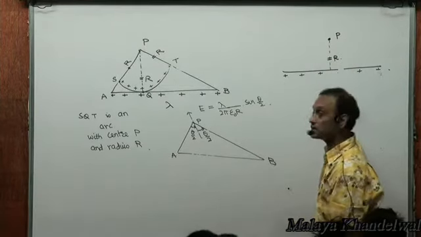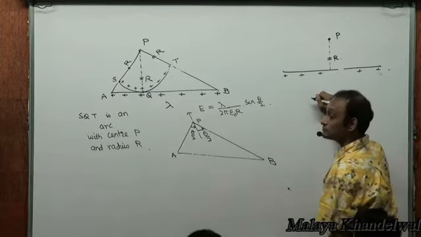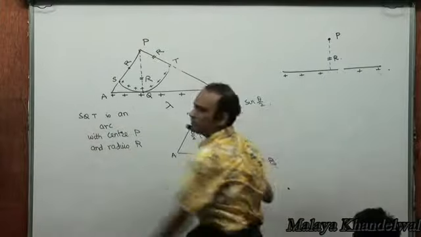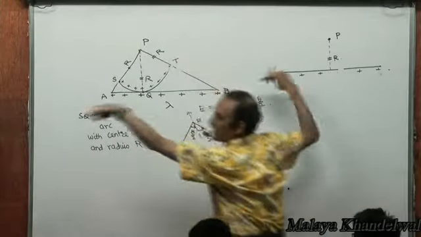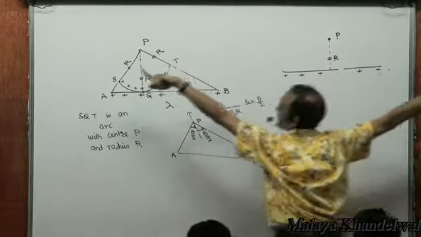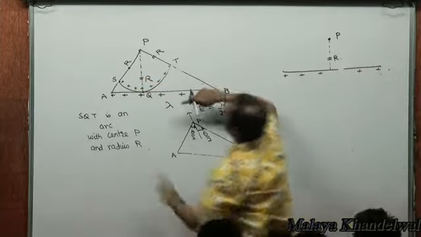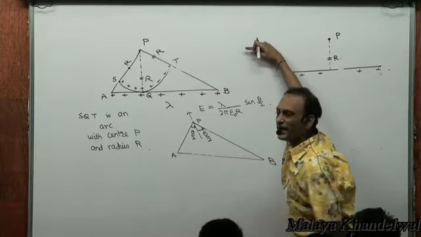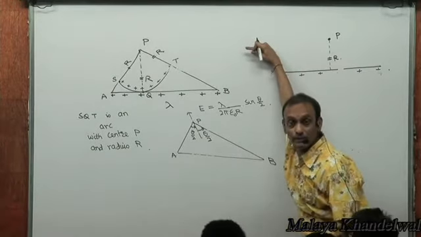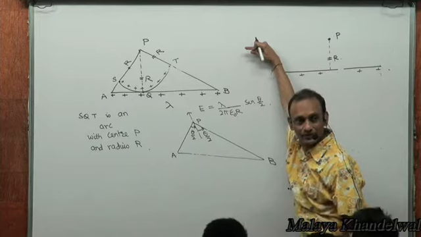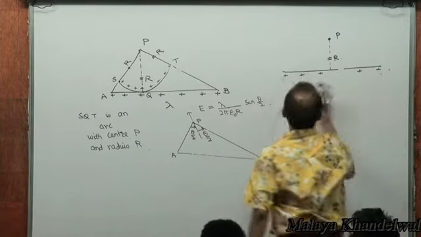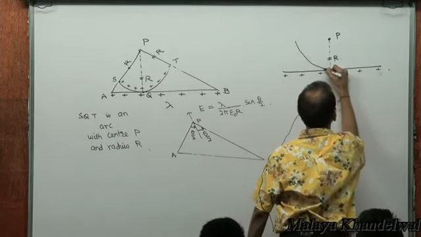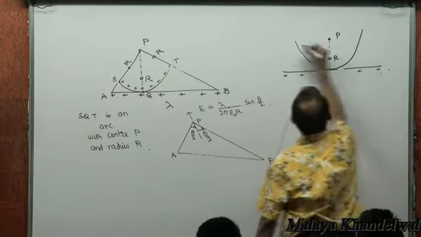Now do you realize that A and B are really far away from each other, and very far from P? That means if A and B are very far, PA will be practically parallel to AB, PB will also be practically parallel to AB, yes or no? Right? So then if I draw an arc, this would be my arc.